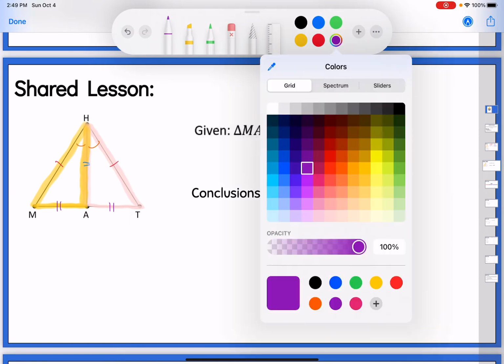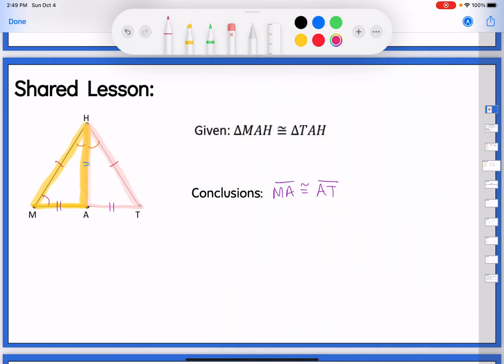I also know that angle M is congruent to angle T. Those are corresponding, right? Oh, I also know that these angles in the middle here, now I have to be careful, I can't call it angle A, but I could call it angle MAH is congruent to angle TAH, right? So I know that all of the corresponding parts are congruent once I have the congruent triangles.